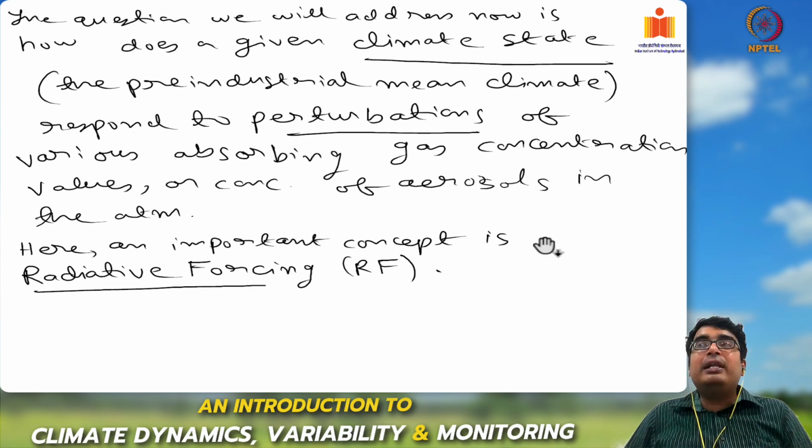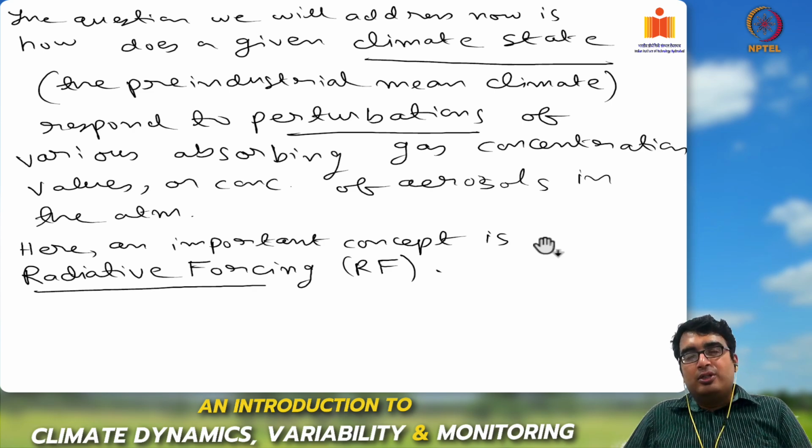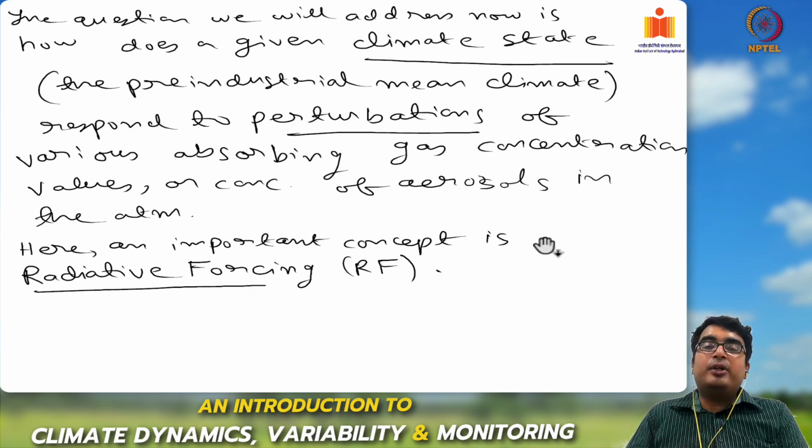Because we have not only emitted, say, CO2 and methane, we have also emitted aerosols like smoke particles, soot particles, etc. So how does the climate state itself get perturbed due to the change in the concentration of these materials in the atmosphere? And here a very important concept that we will introduce is the idea of radiative forcing.